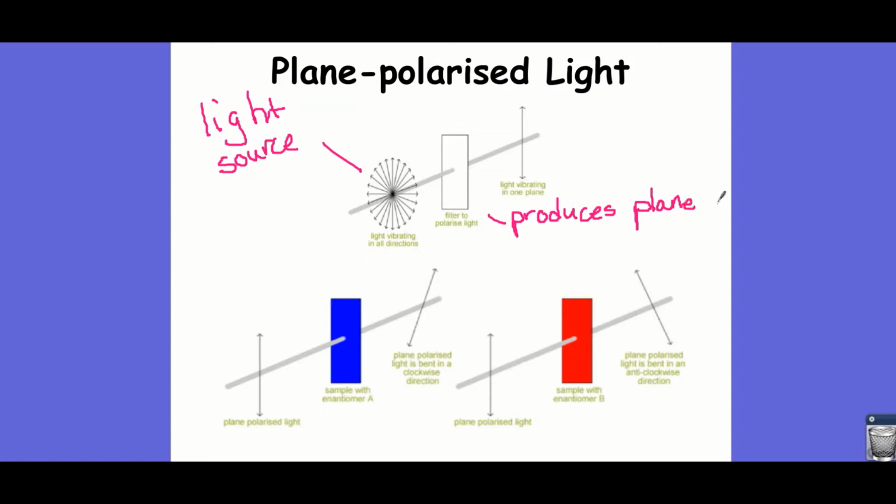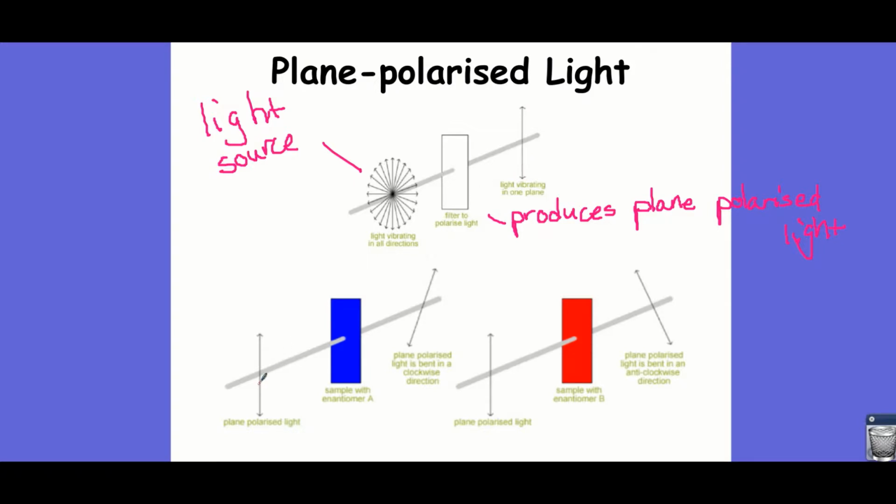And by plain polarised light, we mean light that only travels in one direction. Okay, so if we have a look at our light source, the light vibrating in all directions, it goes through our polarizer, and then we only have the light vibrating in one plane, so just in one direction.